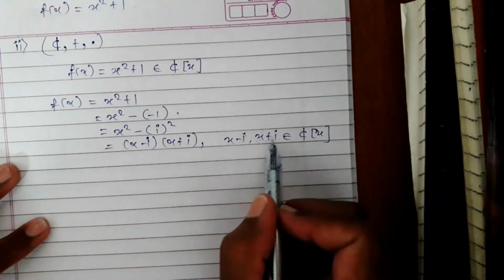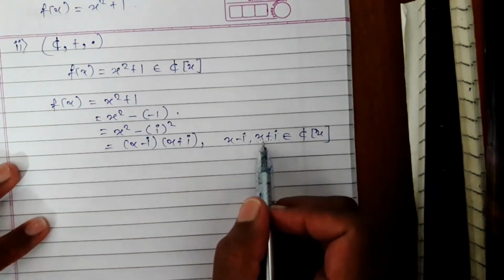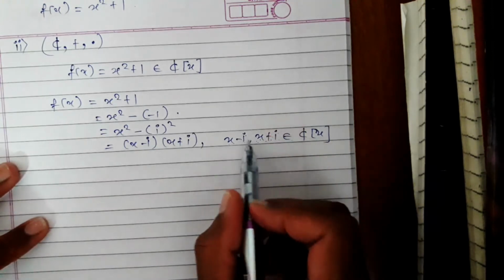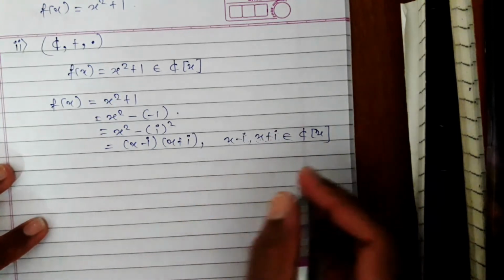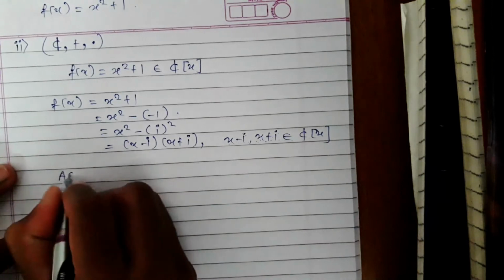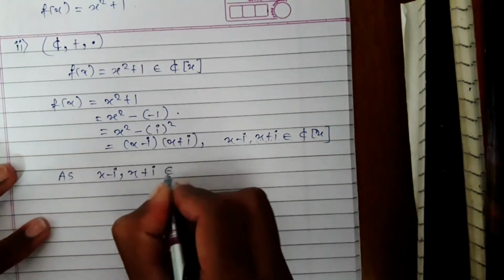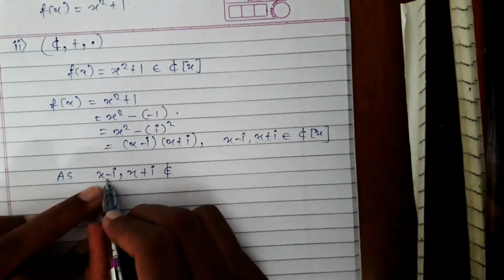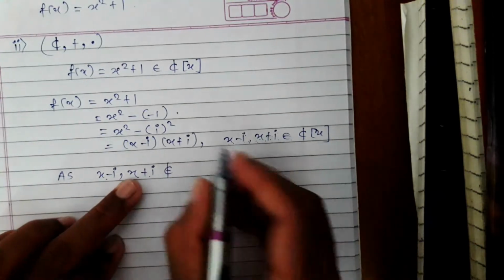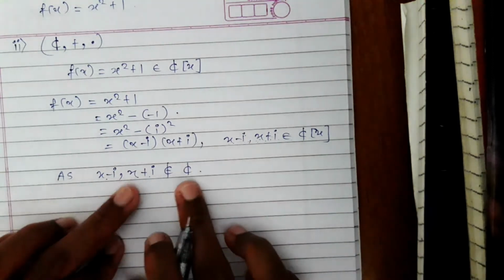But x minus i and x plus i both polynomials have degree 1, that is, they are non-constant polynomials. Therefore, neither x minus i nor x plus i belongs to the set of complex numbers.